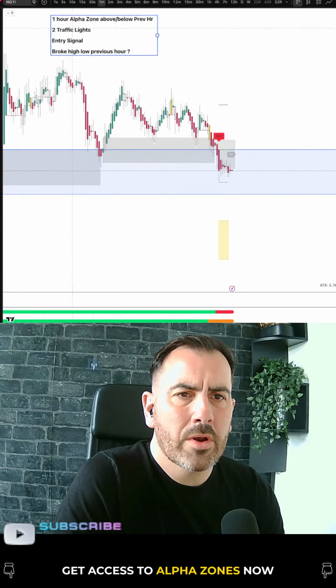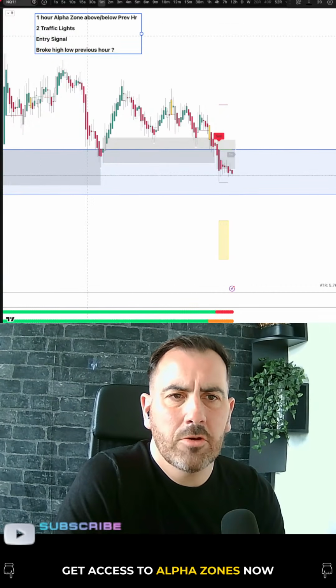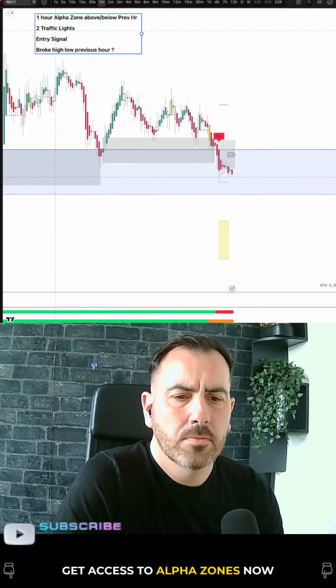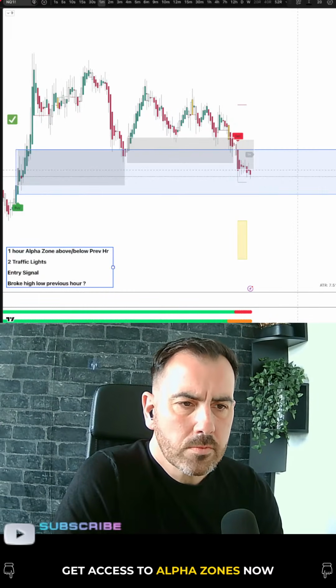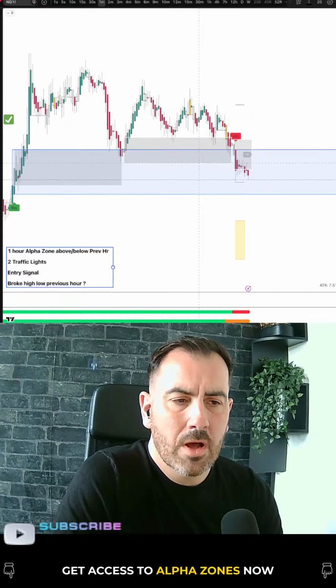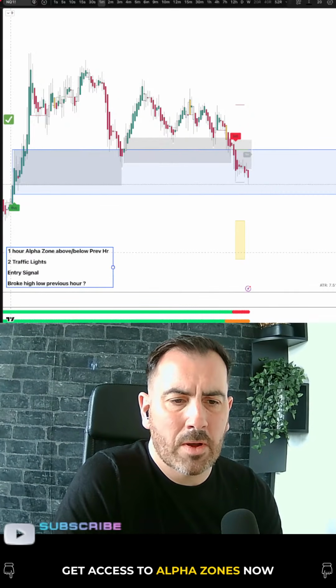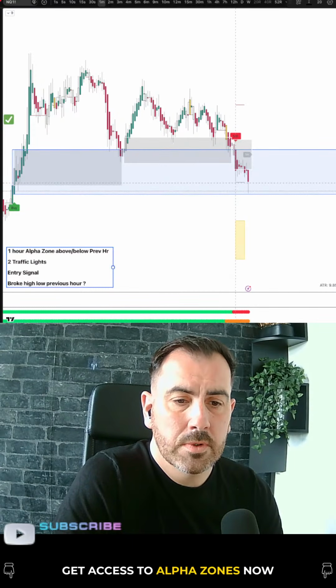Looking for our 1 hour alpha zone to align, 2 traffic lights of the same colour and a signal. Now we have taken the low of our previous hour, so I wouldn't be worried about the 1 hour alpha zone now being in line, now that it's taken the low.